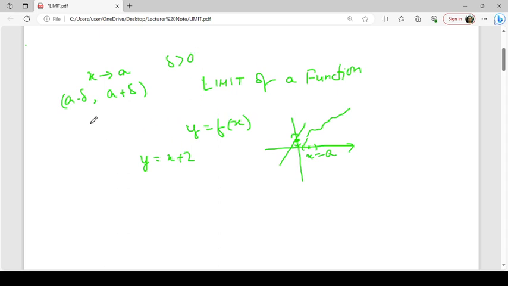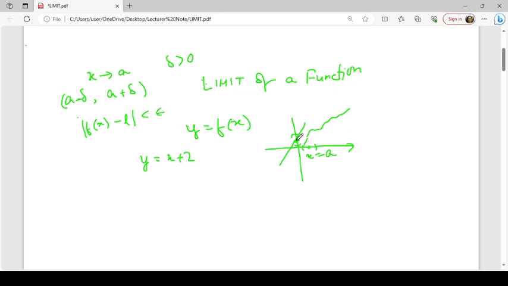The definition is: when x tends to a, meaning x lies in this neighborhood a minus delta, a plus delta, then for all such x, f(x) minus L is less than some epsilon. Epsilon is also a very small quantity.